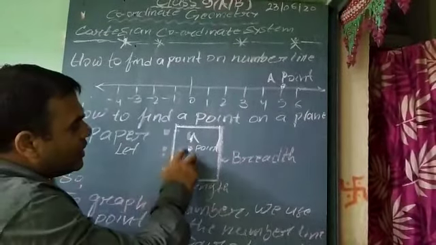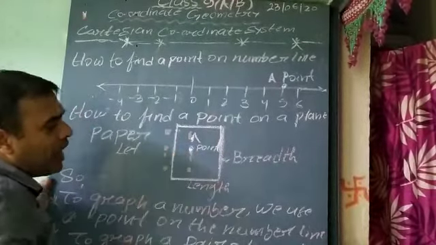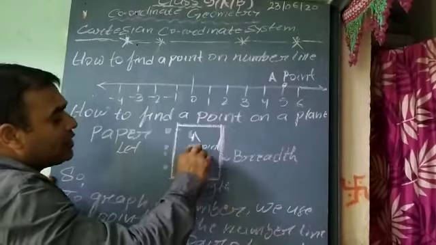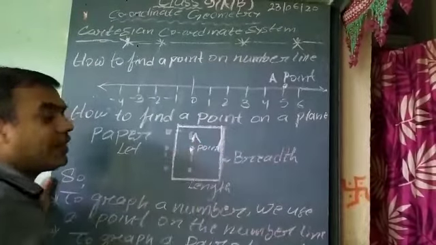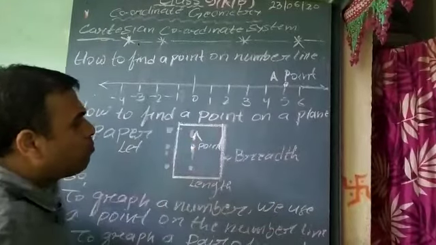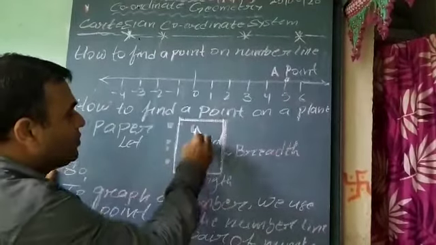And from the left side, its distance may be 5 centimeters. As it is small, we can consider it 5 units, and as it is large, we can consider it 9 units. So on a paper, we have denoted a point.